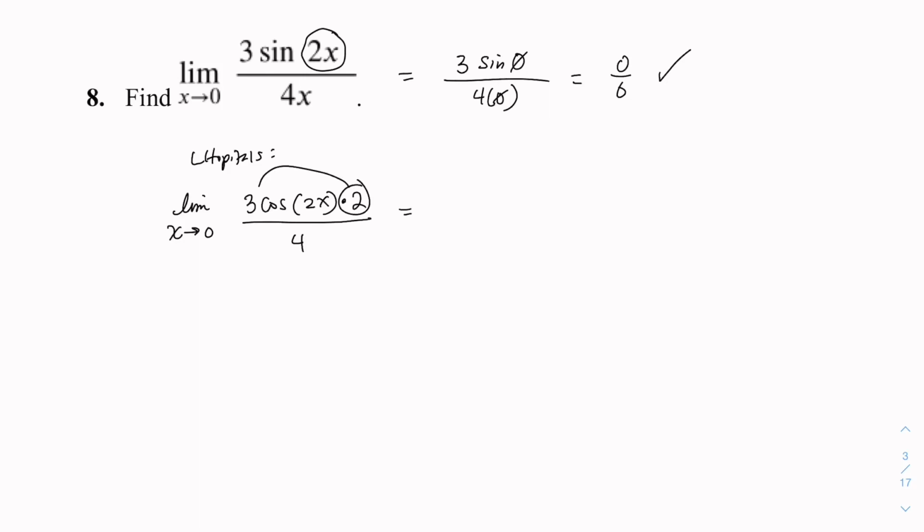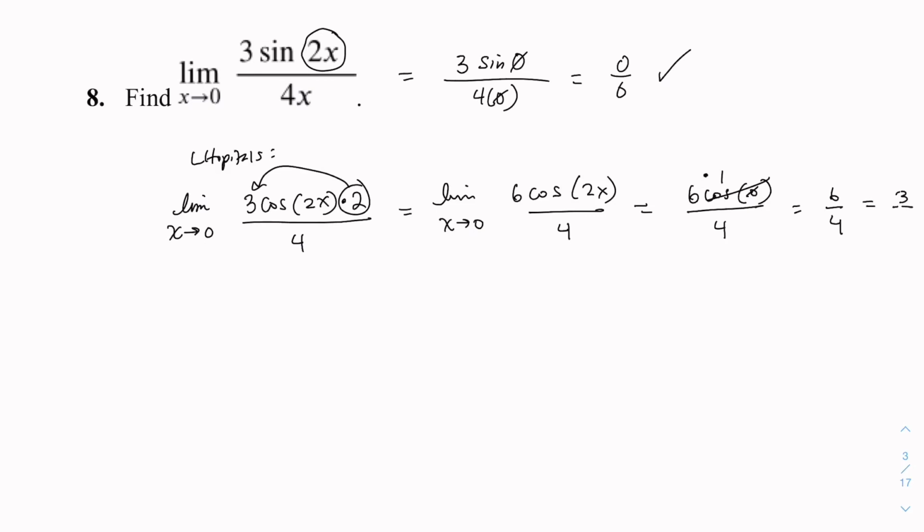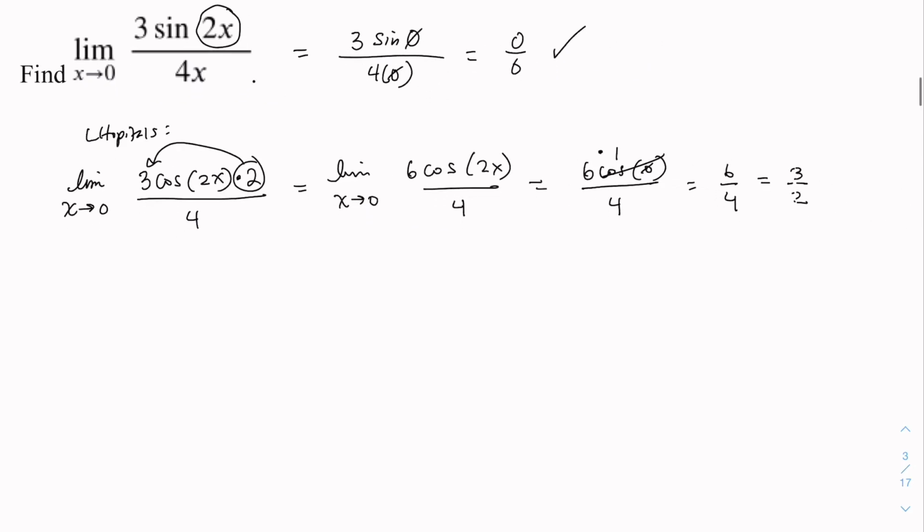That 2 multiplies in front with that 3. I will not forget my limit expression. And now we can try plugging in 0. So I get 6 cosine of 0 all over 4. And cosine 0 we know is just 1, so I get 6 over 4, or 3/2 once we simplify.